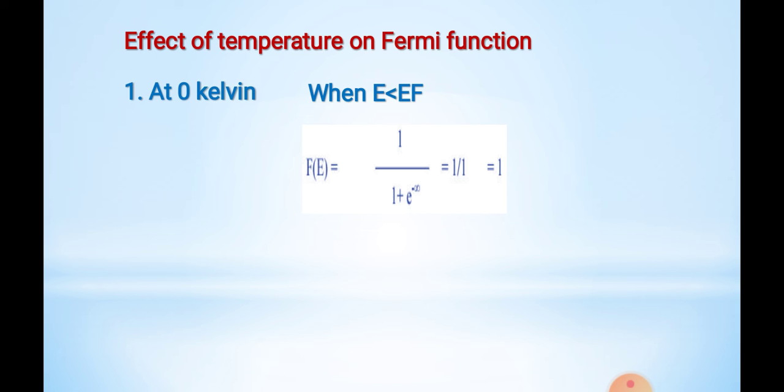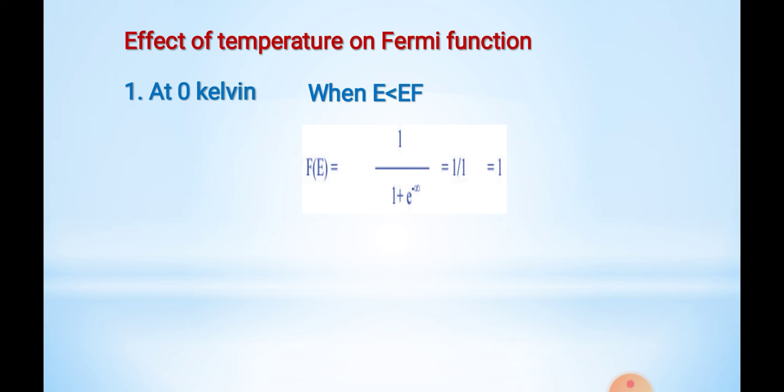On substituting these values, f of E is equal to 1 by 1 plus e power, where the T value is 0 and E minus Ef is negative because E is less than Ef. So a negative value divided by 0 becomes minus infinity. So I have written here 1 by 1 plus e power minus infinity.